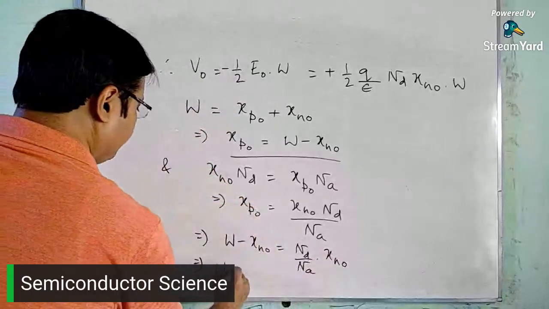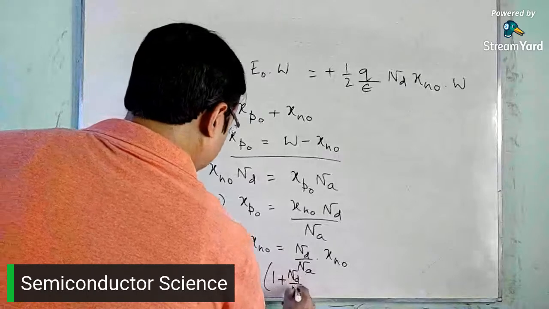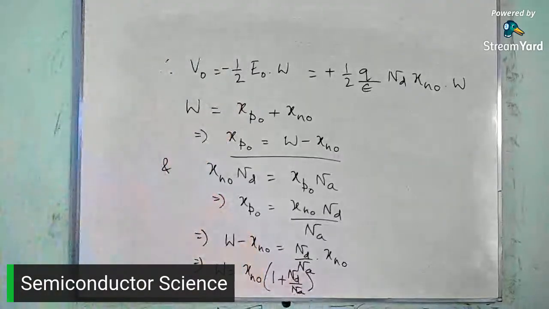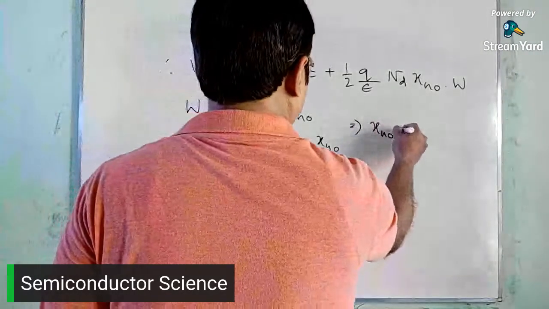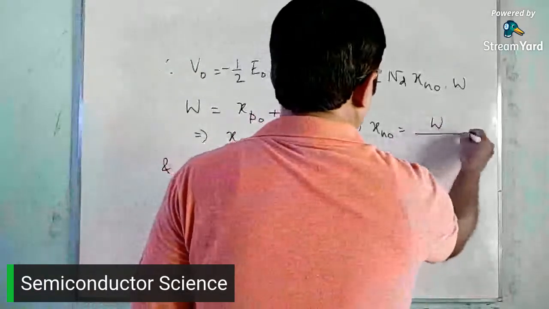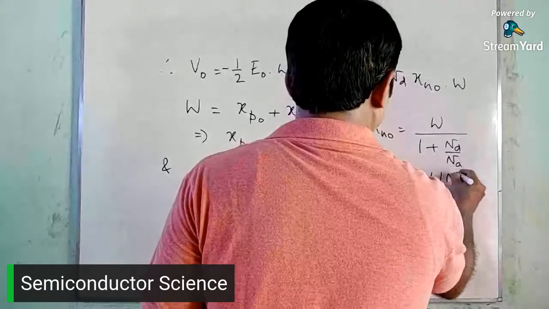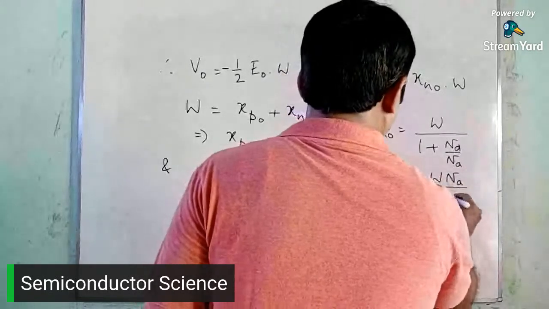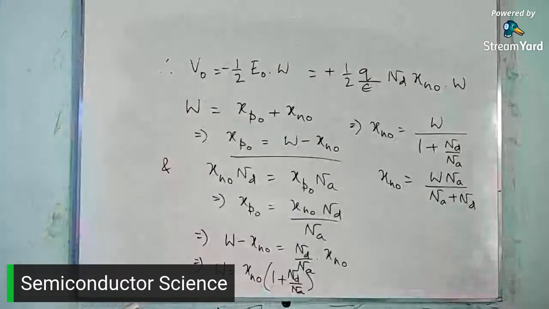So W will be, taking xn0 common, xn0 into 1 plus ND by NA, or xn0 will be W by 1 plus ND by NA, or simplifying this, you will get W into NA divided by NA plus ND. So this is the value of xn0.